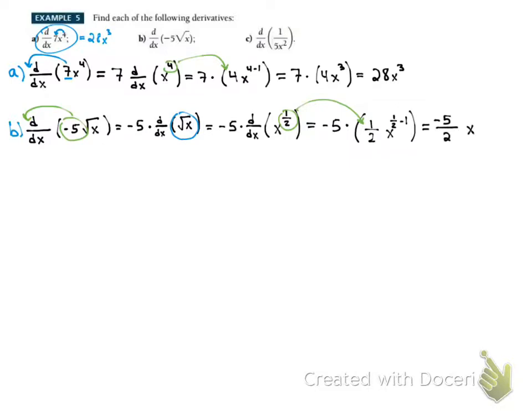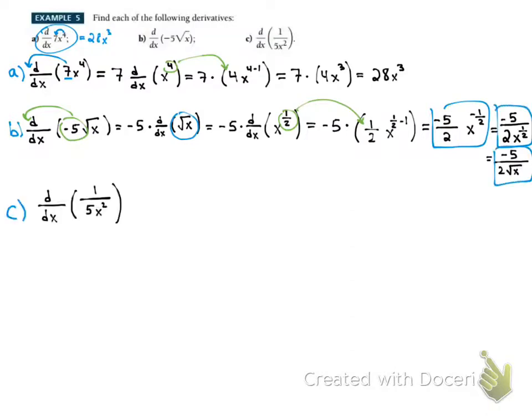And then times x to the, 1/2 minus 1 is negative 1/2. And I could leave my answer like that, or I could use a negative exponent rule to rewrite my answer like this, or I could use the nth root rule to rewrite my answer like this. So again, any one of these would be fine for your answer.